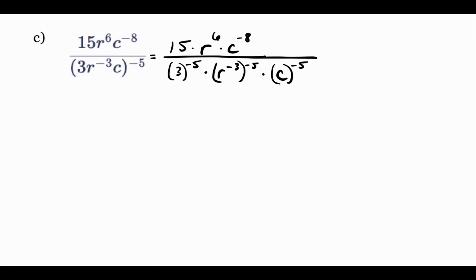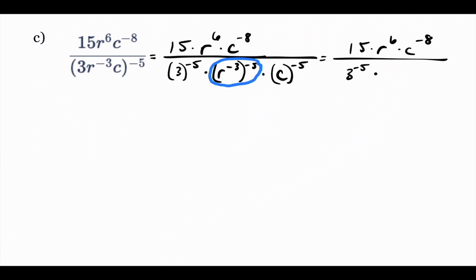Get rid of the parentheses. So on top, I have 15. I don't have anything in parentheses on top, so I'm just going to rewrite it. On bottom, I have 3 to the negative 5. But r, I have negative 3 power to the negative 5 power.